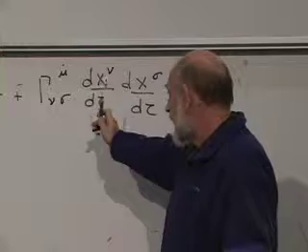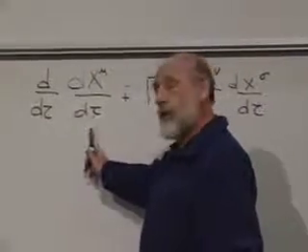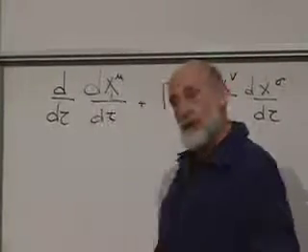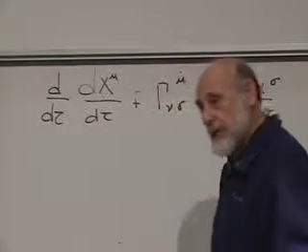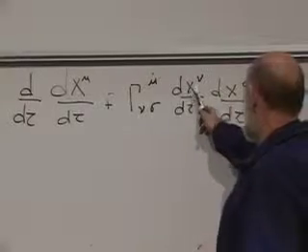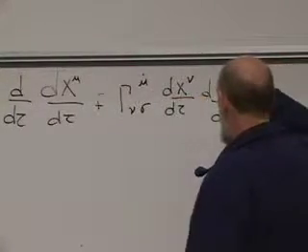Now, tau and t are almost the same if particles move slowly. So this is almost the ordinary acceleration. On the right-hand side here, these things are either very small or they're close to 1.